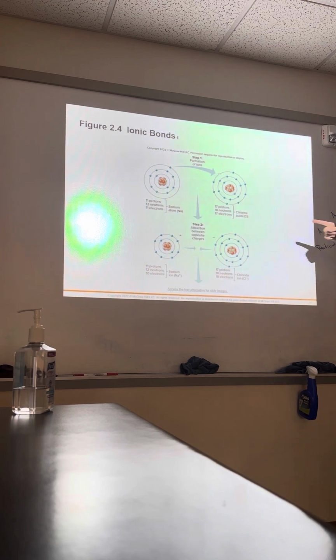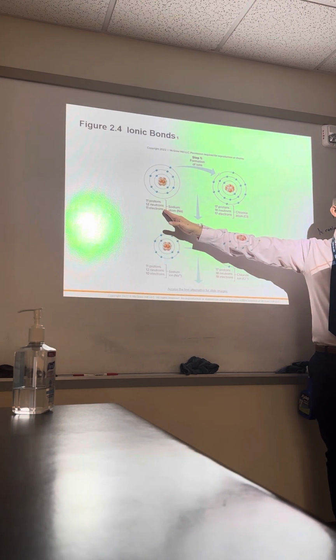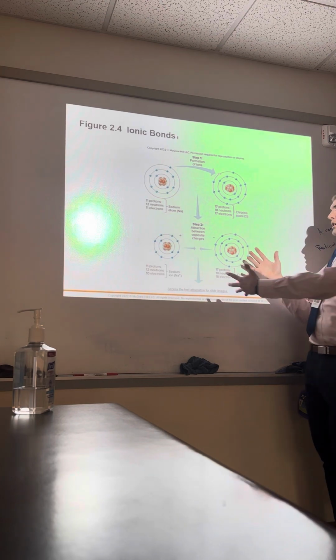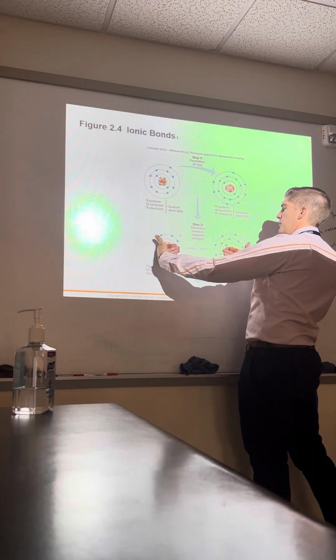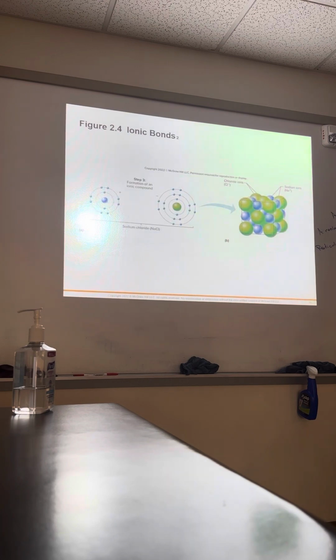So the sodium would be a cation because it has a positive charge. The chlorine would be an anion because it has a negative charge. And then you got this positive, negative come together in perfect harmony to make an ionic bond. Okay? And you see this in salt, sodium chloride.